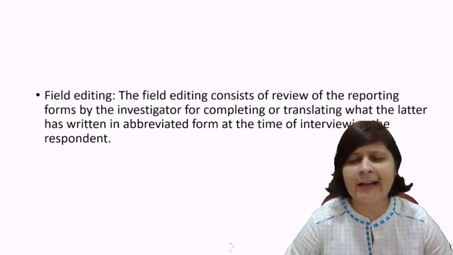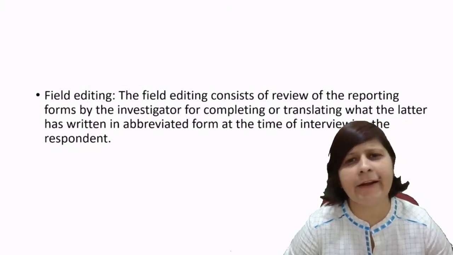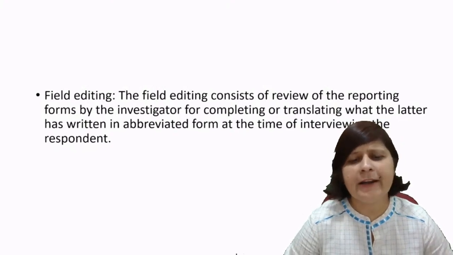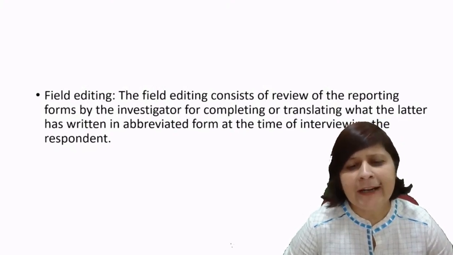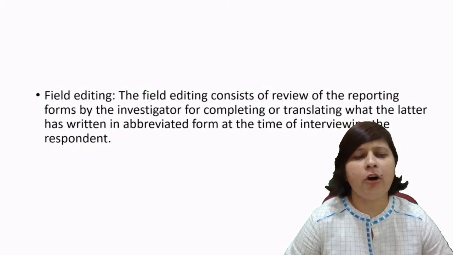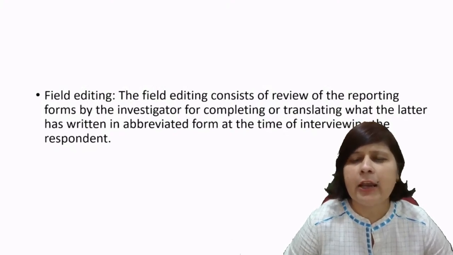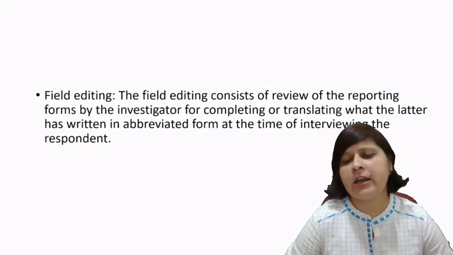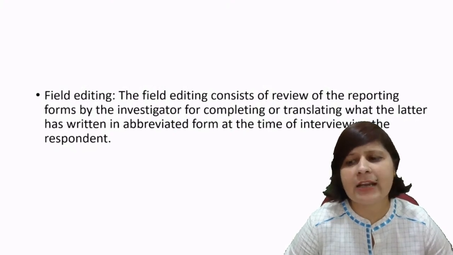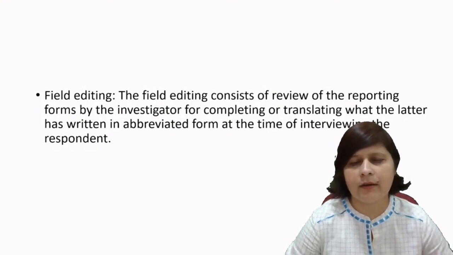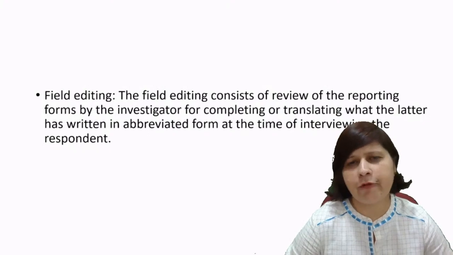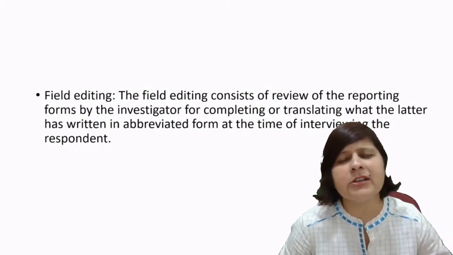This editing of data is done at two levels. First is field editing and second is central editing. What is field editing? Field editing consists of review of the reporting form by the investigator for completing or translating what the data has written in abbreviated form at the time of interviewing the respondent.